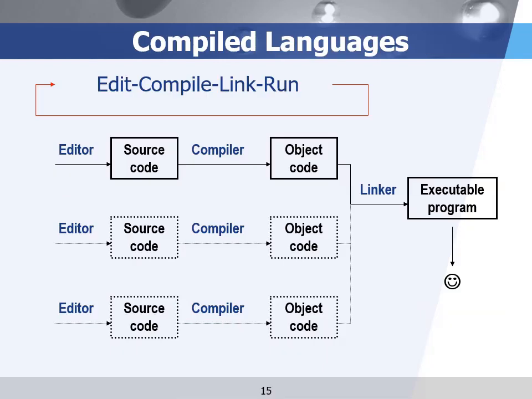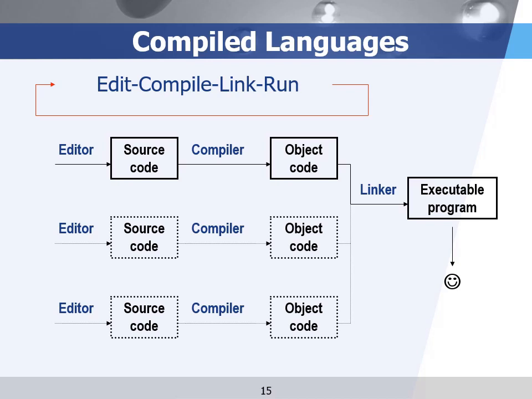As we mentioned before, there are two ways to translate the program into the machine code. First is the compiler, and then is the interpreter. For the languages that need compile, it's called compiled language. You basically need to follow this edit, compile, link, run, and edit loop.